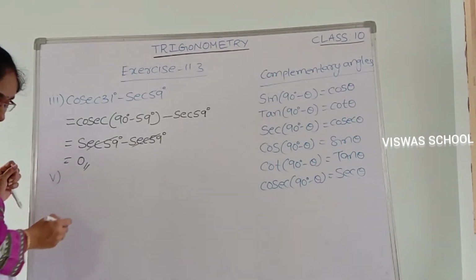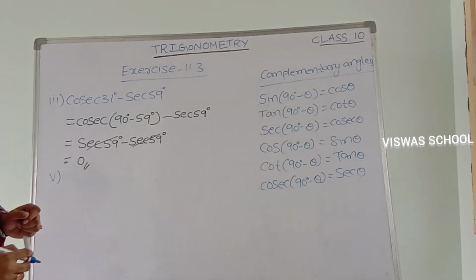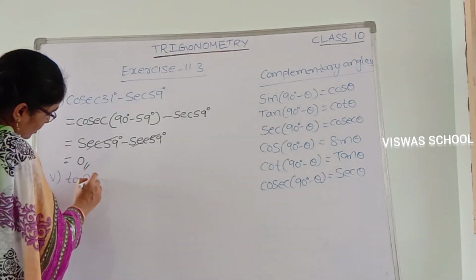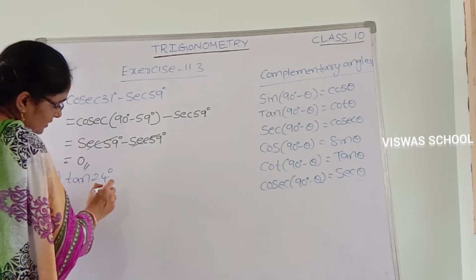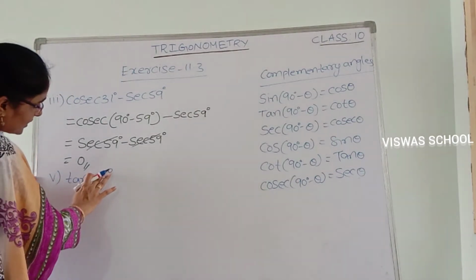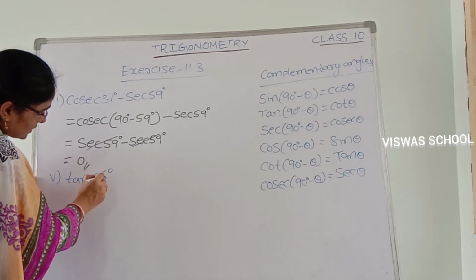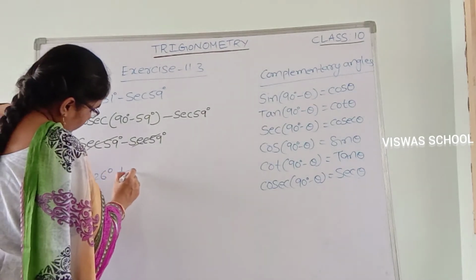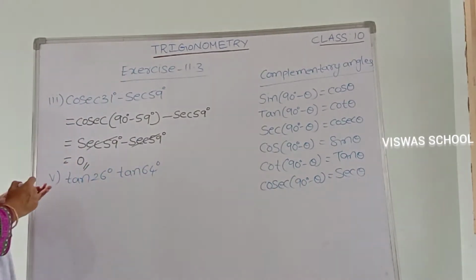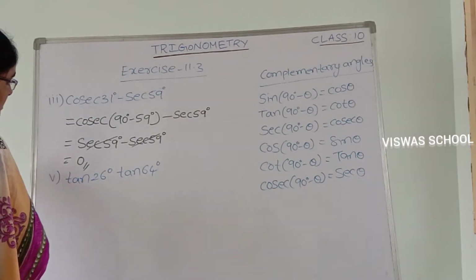The fifth one is tan 26 degrees into tan 64 degrees. Simplify this.